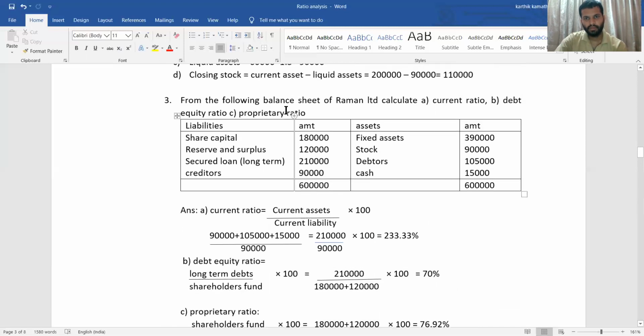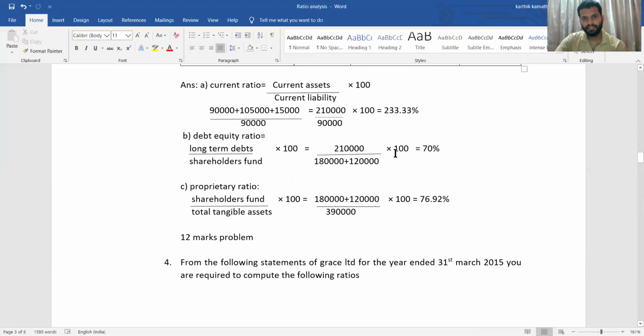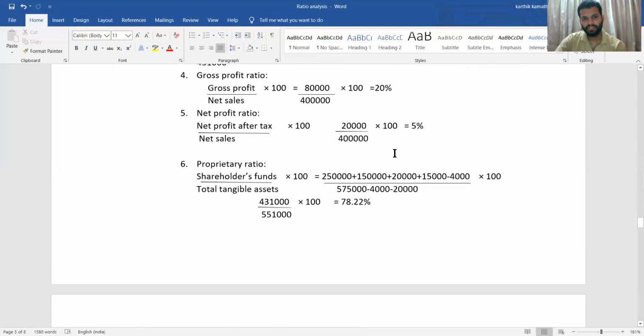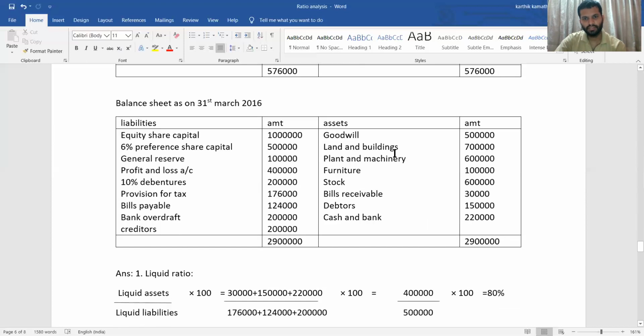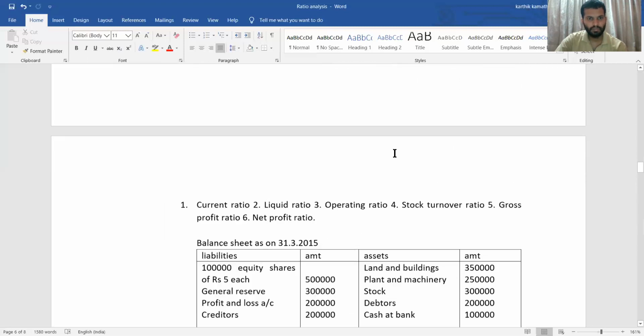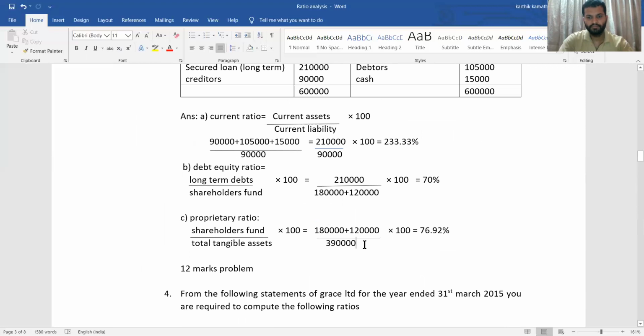So in the third problem, 6 mark problem, proprietary ratio, tangible assets means everything comes, fixed asset as well as current asset. So here there is one change in the third problem. There is one mistake in the third problem.